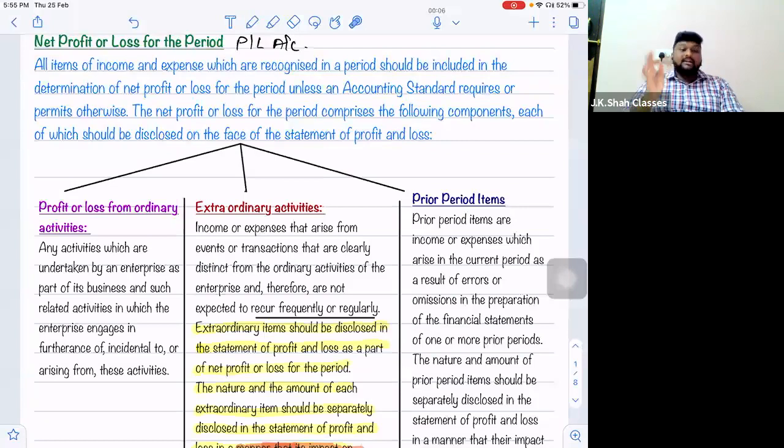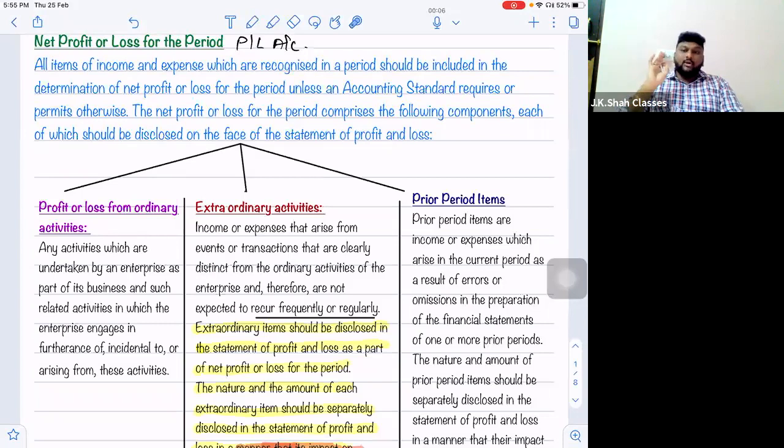I will repeat my point. Ordinary items are items of incomes or expenses which arise in the day-to-day business activities, and they are directly related to the operations of the business. Or I can say they are operational incomes or operational expenses. They are purely and directly related to your day-to-day operations.